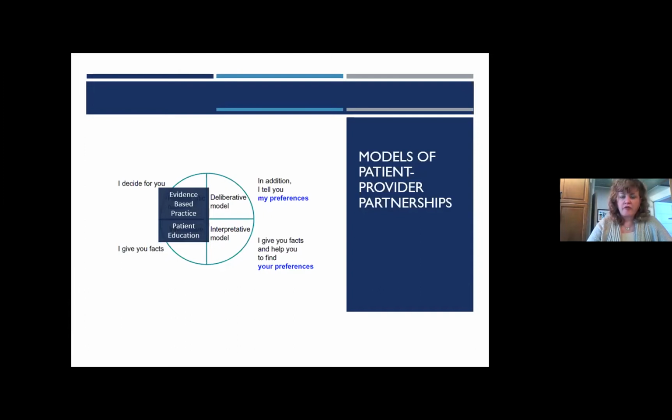Again, moving away from even an interpretive model where the clinician gives the patient the facts and helps them find their preferences, to one in which there's a real deliberation around treatment choices, where not only does the clinician give the individual the facts based on the evidence, helps them find their preferences, but also shares their preferences, which we would consider shared decision-making.